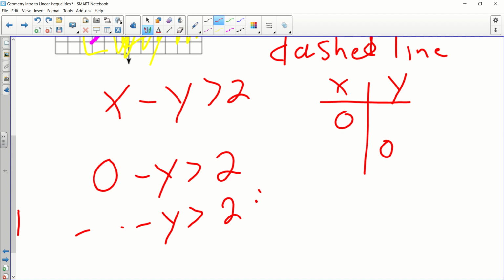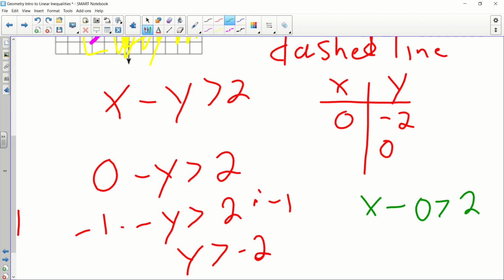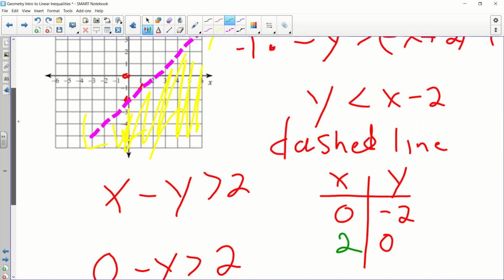Multiply both sides by -1. y is greater than -2, so I'll have 0, -2. And if I put 0 in for y, I end up with +2. So 2, 0 and 0, -2 are the 2 points that I can draw my line on.